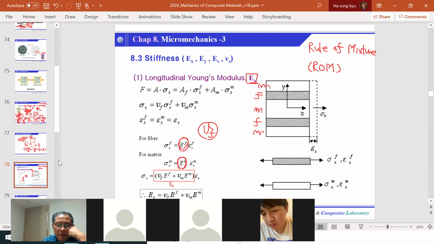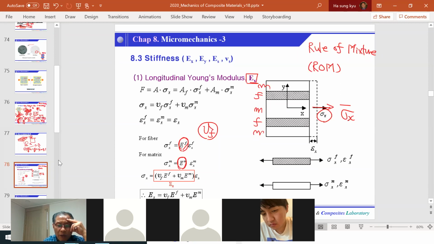And again, to define the longitudinal stiffness means that we are applying the load in extension. Okay, we are applying the stresses in extension. Previously, we defined this value as sigma bar. Sigma bar is the stress we are applying in extension, the fiber direction.